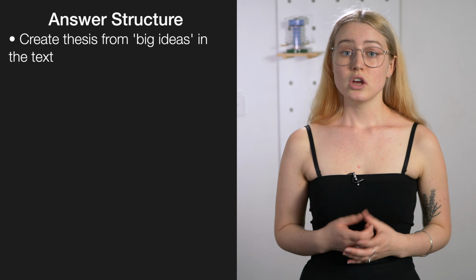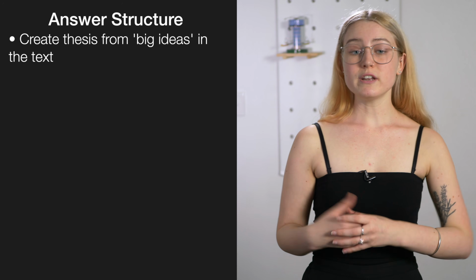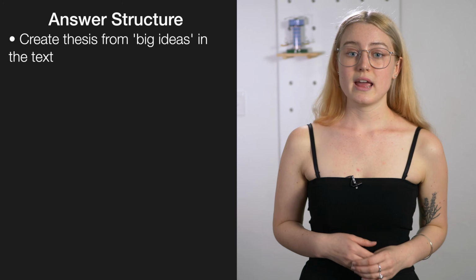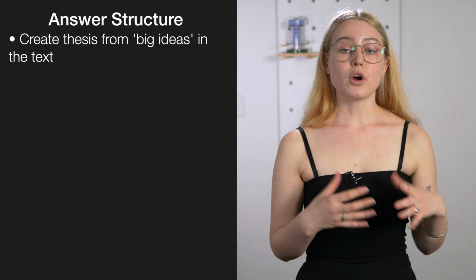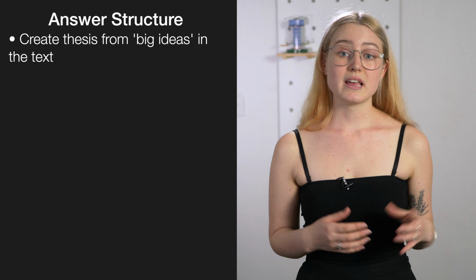So how do we actually create and execute an appropriate structure? Let's take an example to analyze how an author wants us to understand how people cope with flood. So we take 2 or 3 big ideas that we located in the text and we make different theses out of these. So the first one might be people cope with a flood by reflection, by use of past tense. And another thing might be that people cope with a flood by optimism, and you found other examples in your text that help show this.